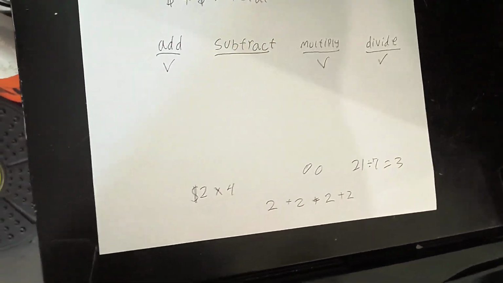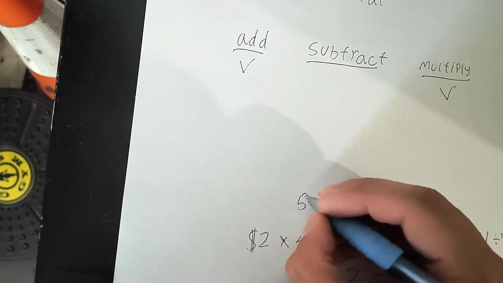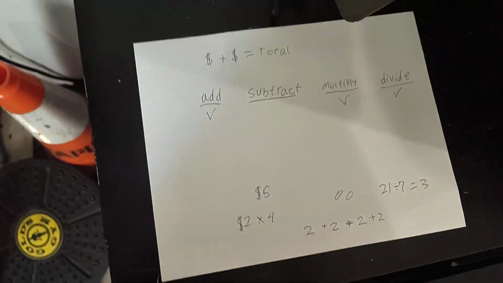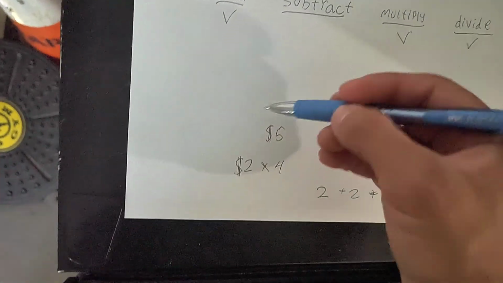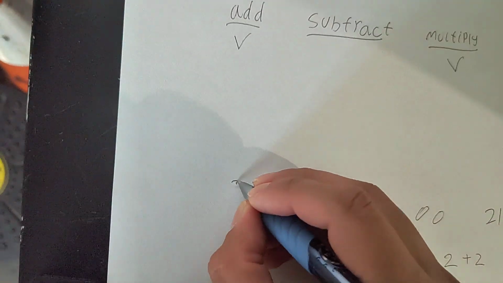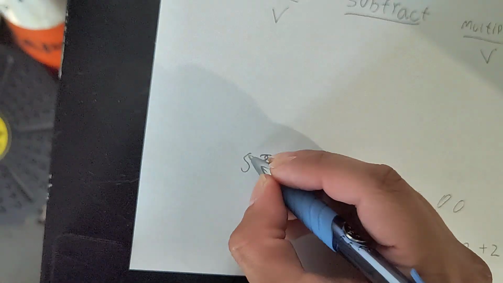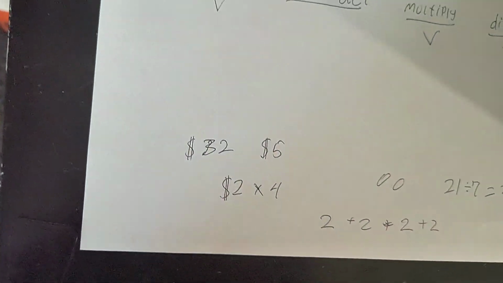Well, I gave them a certain amount over $5. To find that, I would need to take the $5 away from the 32 that I had. So I gave 32, but I only needed to give $5.